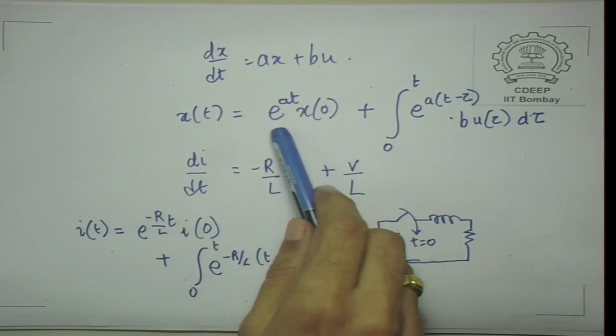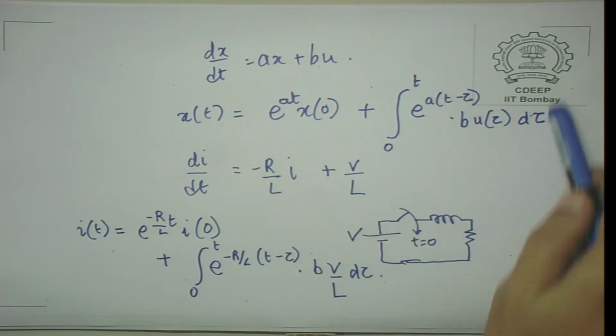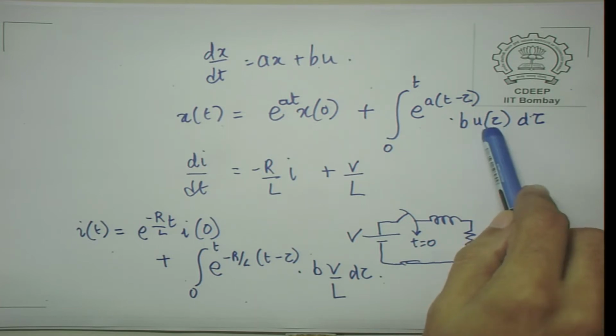One is e raised to at into x0, and this is the effect of the initial condition, and the other is the effect of the input.